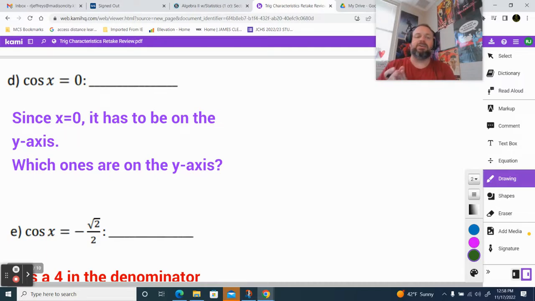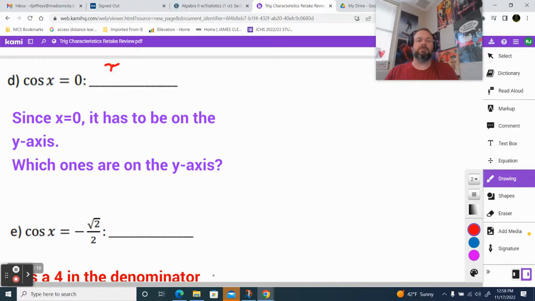Okay. The cosine is 0. That's the x is 0. That means it has to be on the y-axis, that goes up and down. There's only 2 points that are on the up and down. Who knows what one of them is? I'll give you a hint. It's between 0 and pi. It's halfway between it.